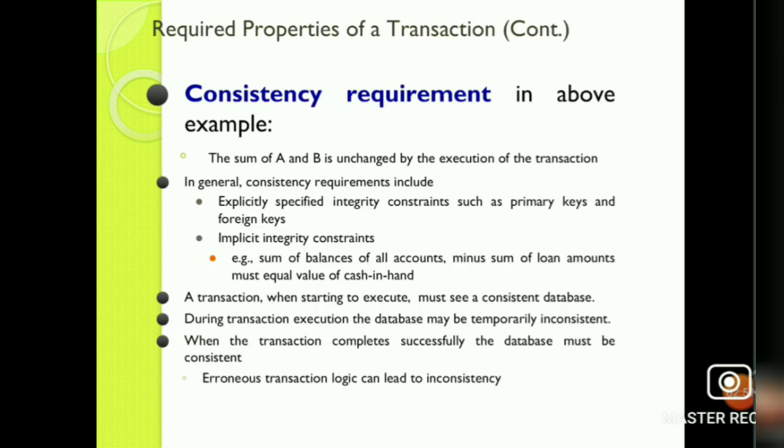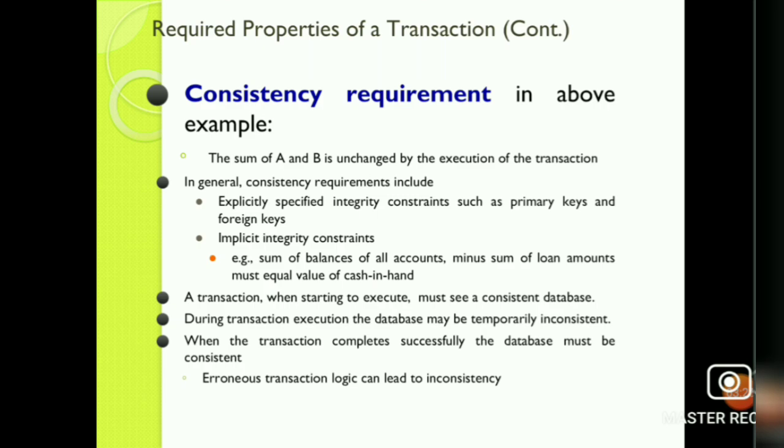Third one is consistency requirement. Consistency requirement is that the sum of A and B is unchanged. Let us assume the initial balance of account A is $300 and the initial balance of account B is $200. So the sum of A and B is 300 plus 200, which is equal to $500.